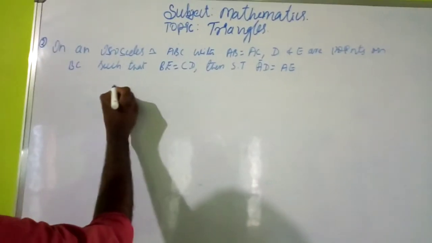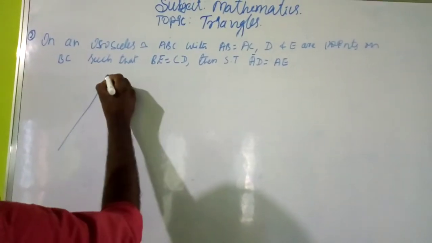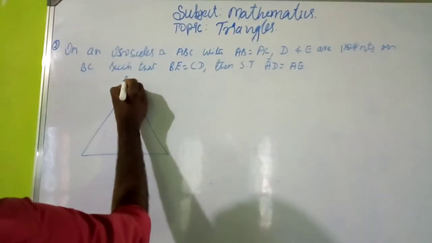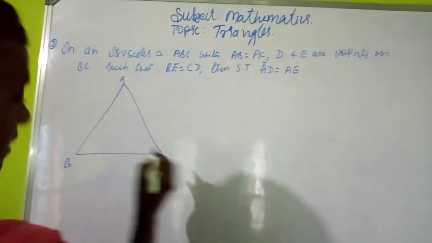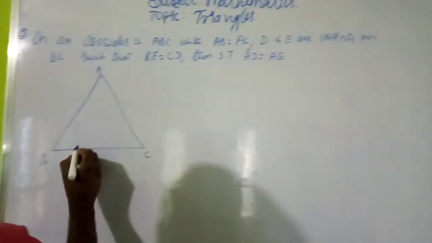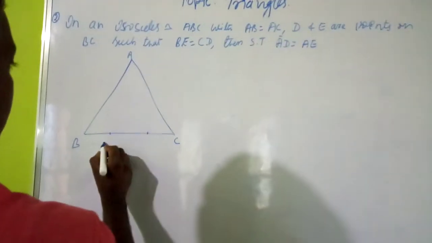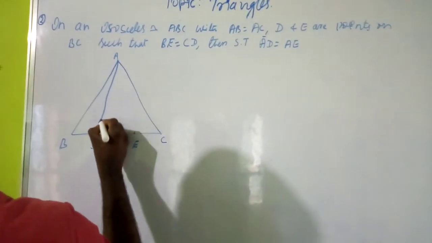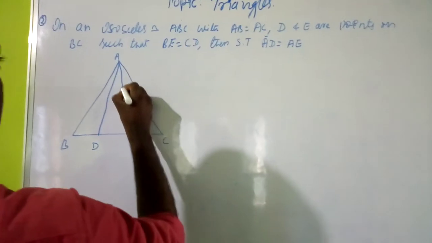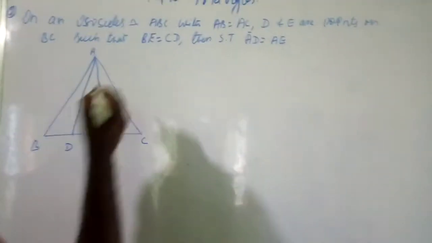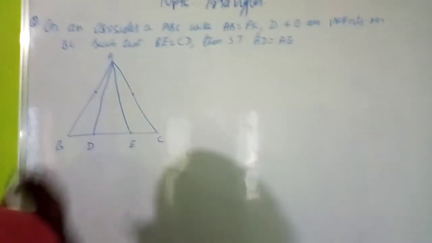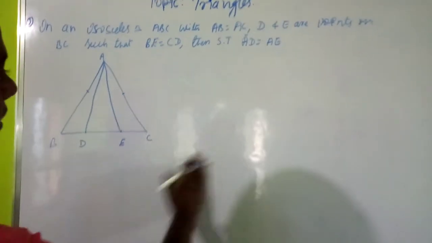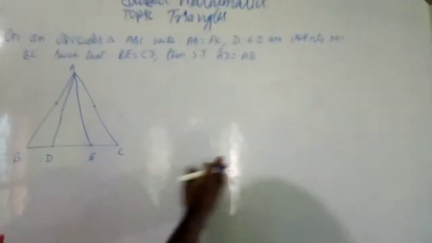For this, you should draw a diagram here. So this is isosceles triangle ABC. This is A, B, C. Next, we take two points on BC, D and E, and join them with A. Okay, so AC is equal to AB. Then you can prove that AD is equal to AE from this diagram. So for this, let us take the solution.